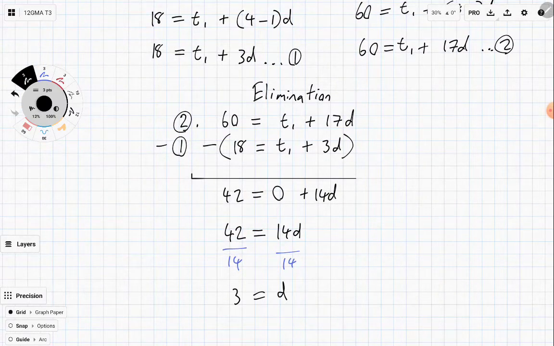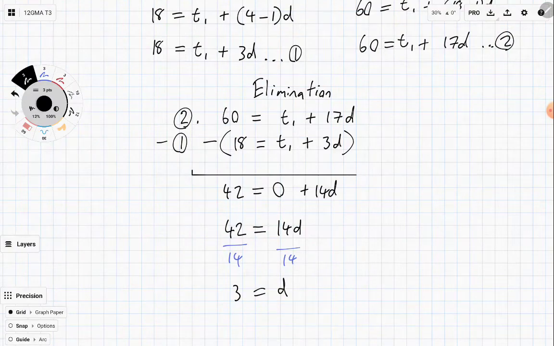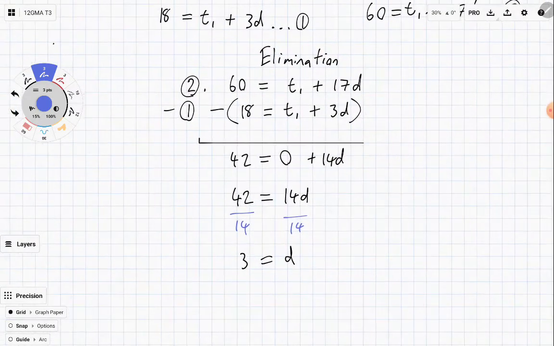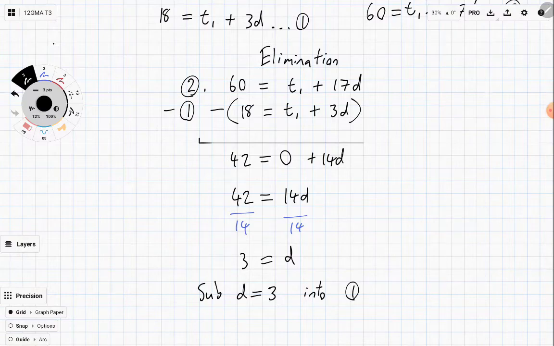But remember from the beginning, we didn't just want to find the common difference, we also need to find the first term. So now we need to sub d equals 3 into our favorite of the two equations. So we can either substitute it into equation 1 or equation 2. I prefer equation 1 because it's a little bit simpler, and that's the equation I'm going to substitute into. So sub d equals 3 into 1, and we're going to solve for T1.